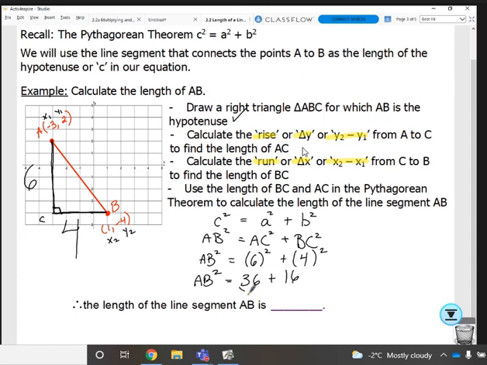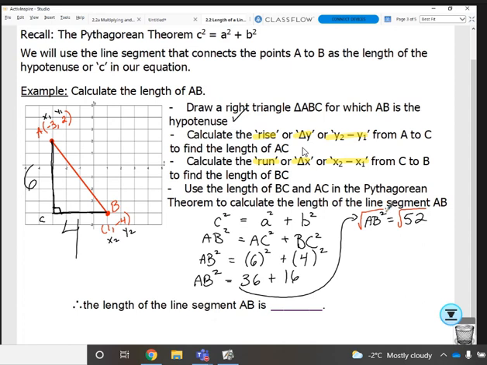So I'm going to continue this over here. AB squared equals 52. And Allie, what was the inverse operation of square? Lovely. We're going to square root this side, square root that side.